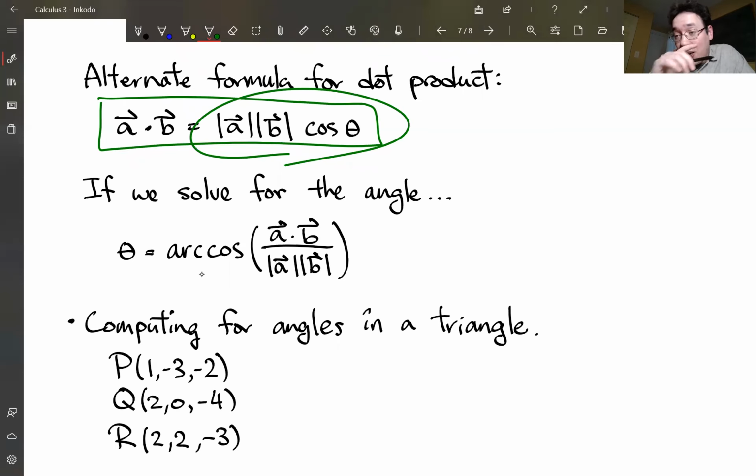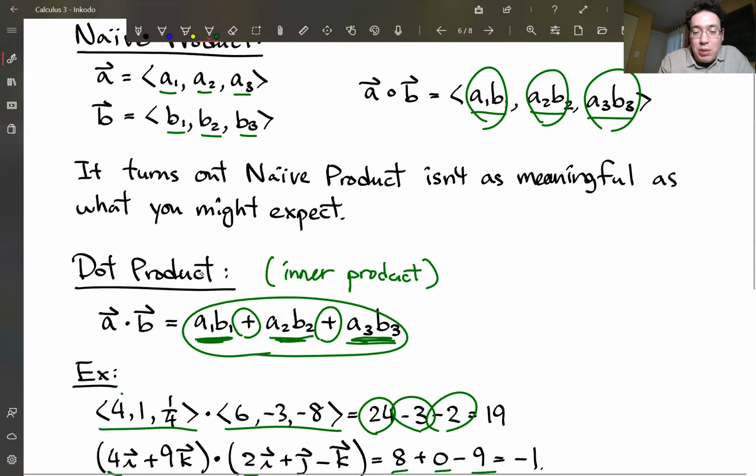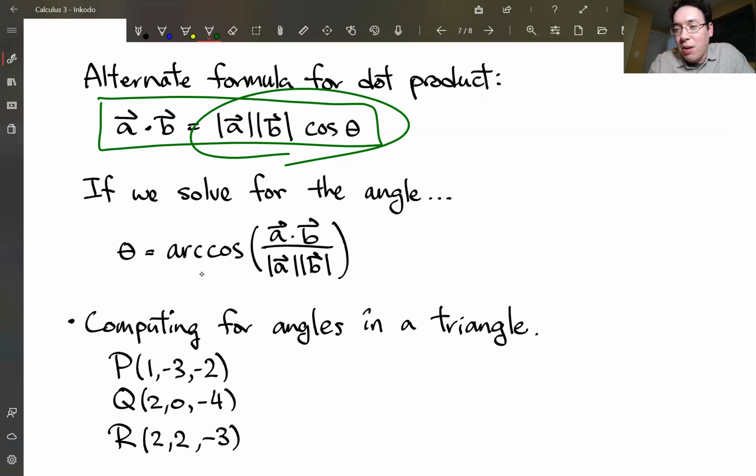Now, don't get me wrong. If you have a vector in component form, it's easier to compute the dot product this way. But we have another way to compute it if the information you have is about angles between vectors and magnitudes of those vectors. And we get a bonus.